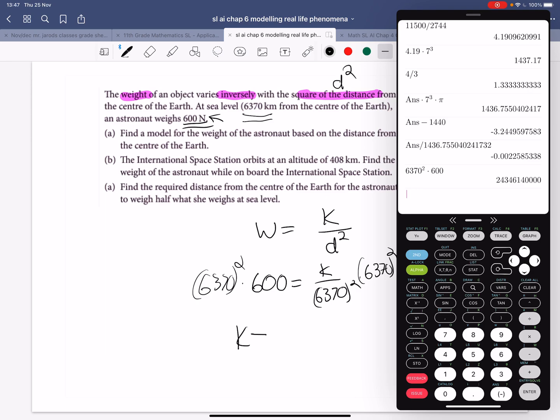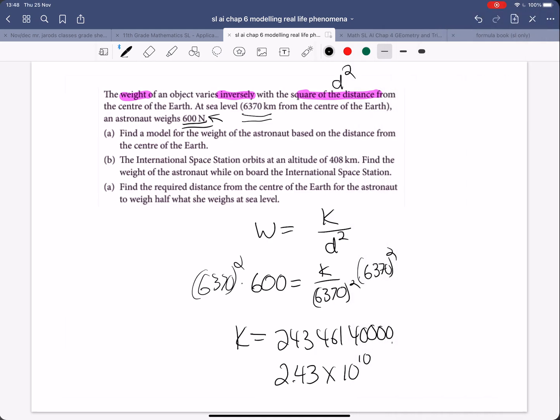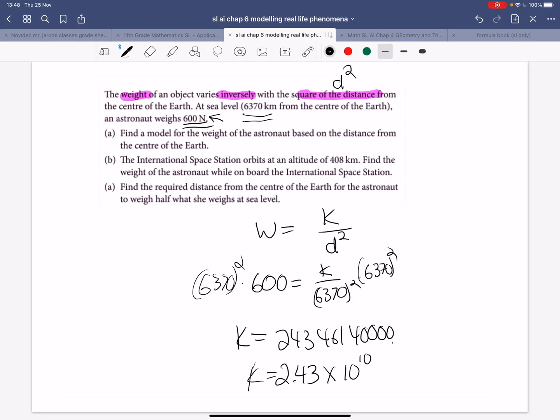So our K equals, and I'm going to write it in scientific notation, 2.43 times 10 to the 10th. That's what our constant is going to be. So find a model. So this is going to be weight equals 2.43 times 10 to the 10 divided by our distance squared.